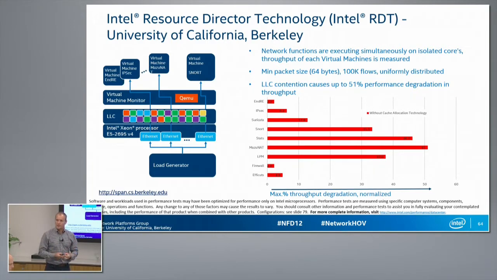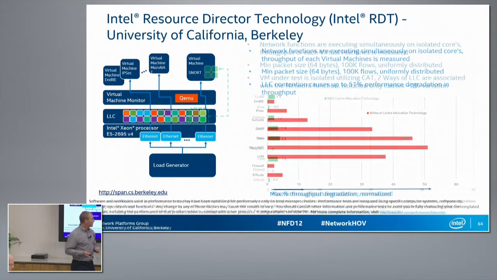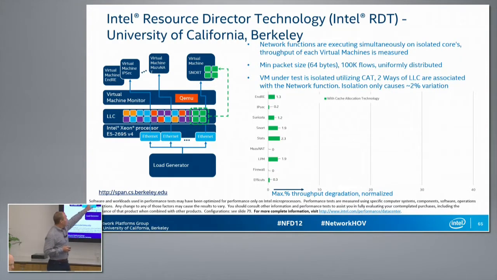Or actually, let me paint it slightly differently. The network address translation is very dependent on a portion of the LLC. And if other applications come in and cause evictions for that network address translation application, you incur a lot of performance degradation. So what we proposed is, why don't you take Snort, or why don't you take network address translation? Why don't you partition it? Right?